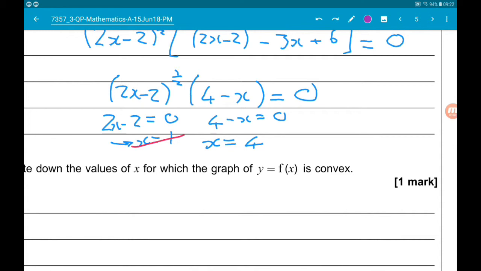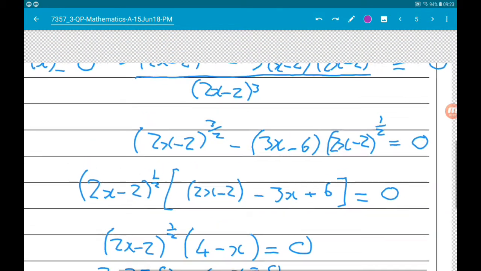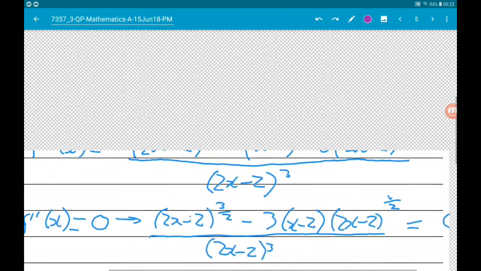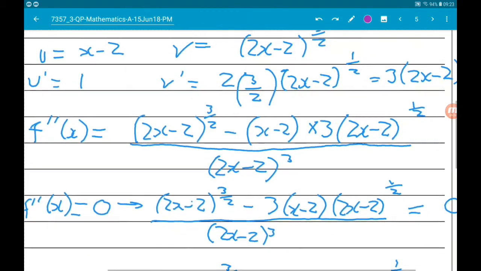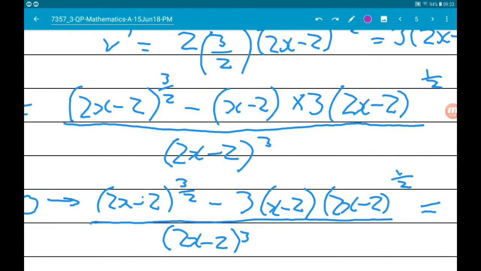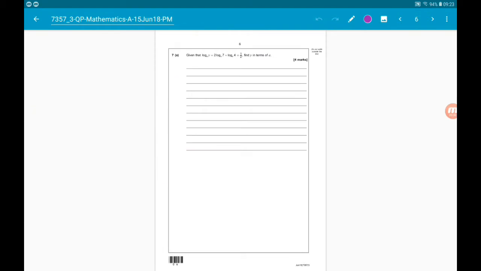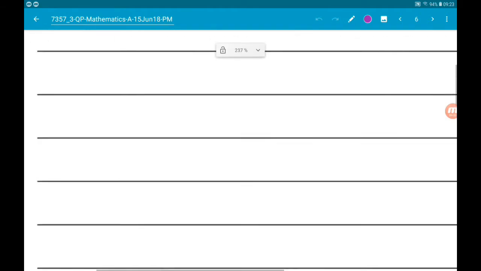What we now need to do is check that it is a point of inflection by seeing what the gradient is doing on either side of x equals 4. So let's take this to where we have a little bit more room.